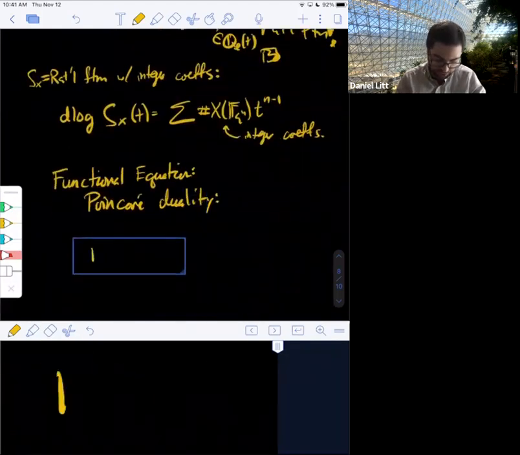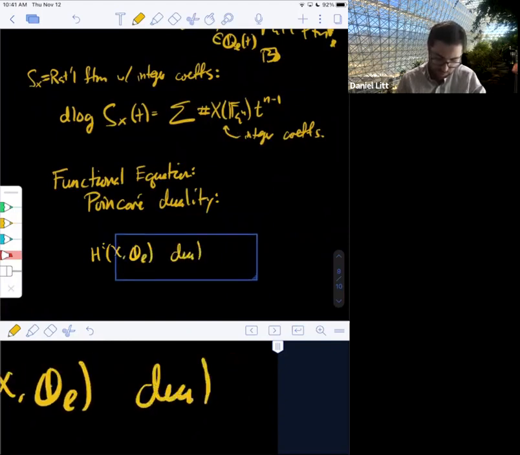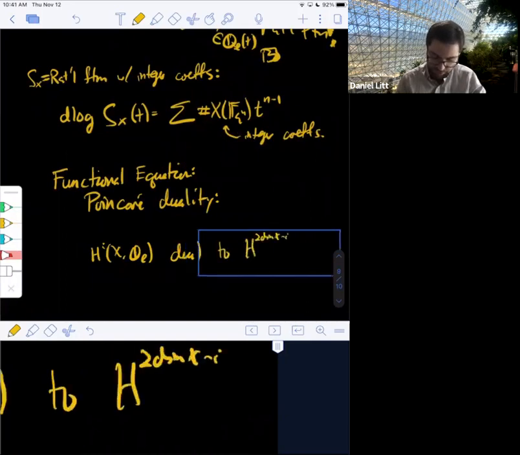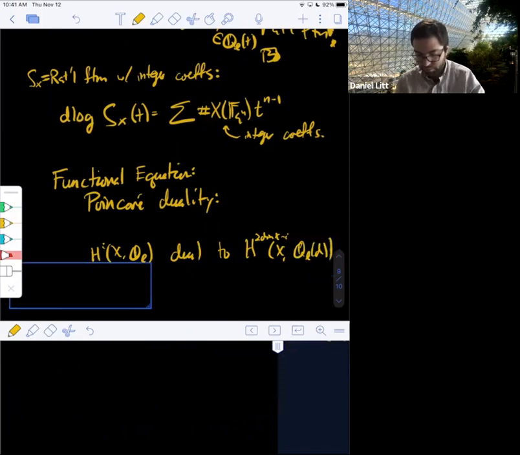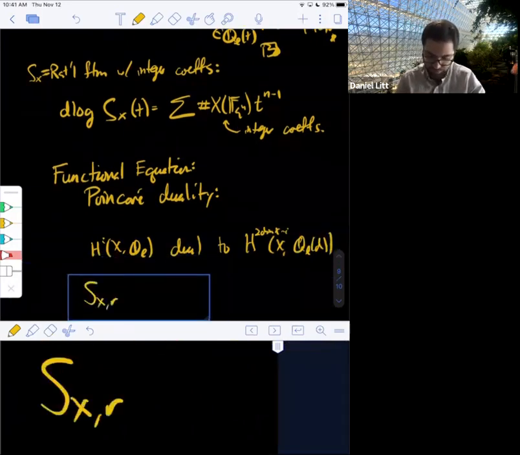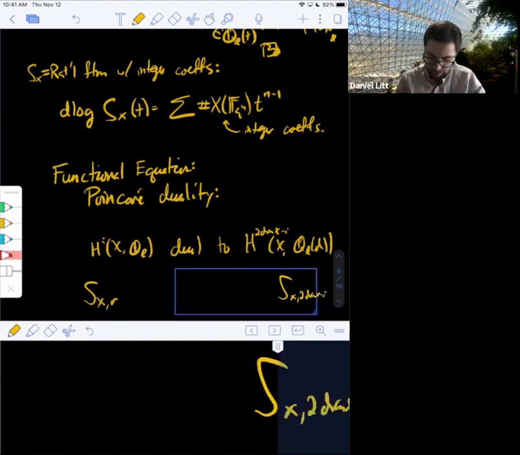The point is that H^i(X, Q_l) is dual to H^(2 dim X minus i)(X, Q_l)(d). So that tells you the relationship between what I called zeta_{X,r}, the zeta function of this, and zeta_{X, 2 dim X minus i}.